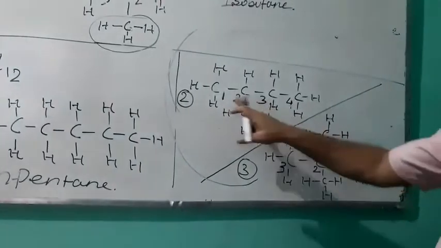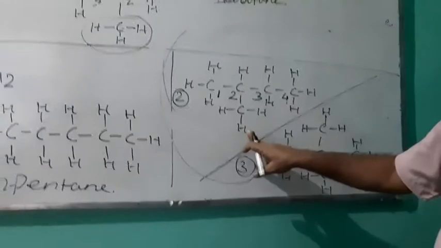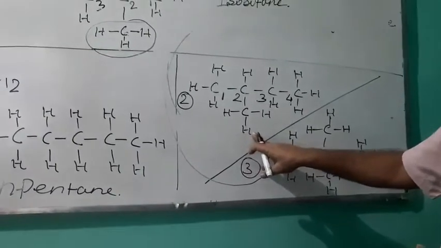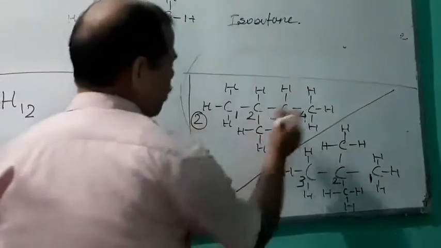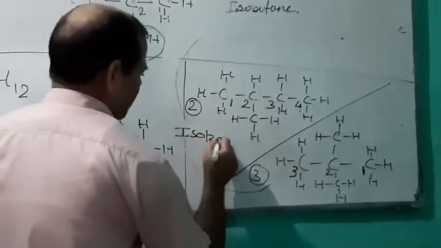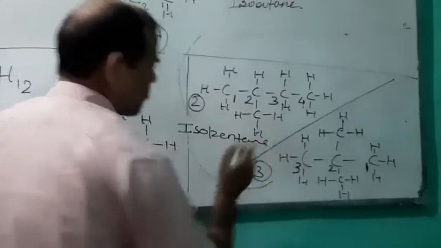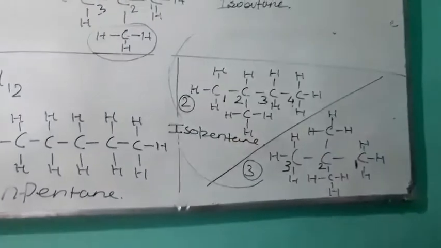Now here you see at second carbon there is a branching. So we call it isopentane. Branching is at the second carbon.